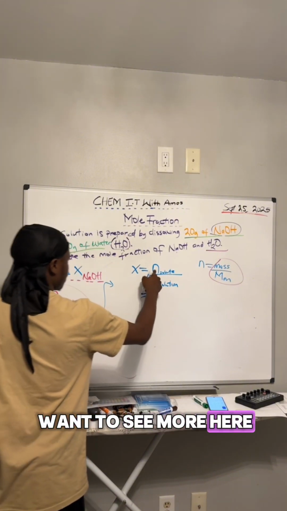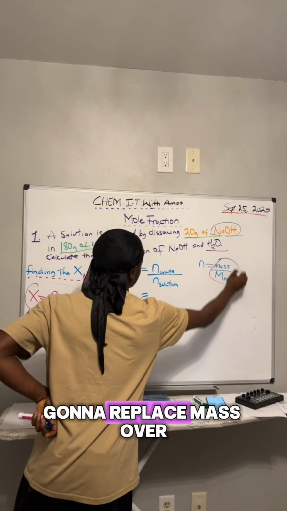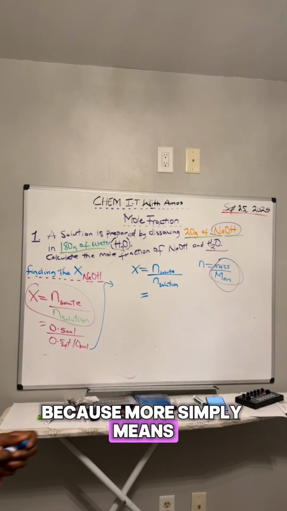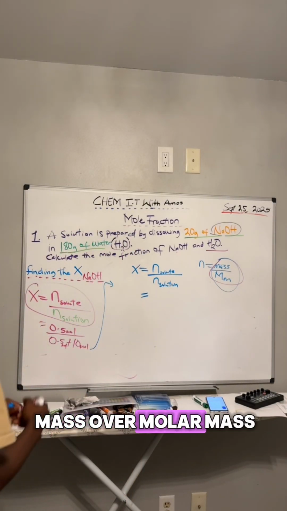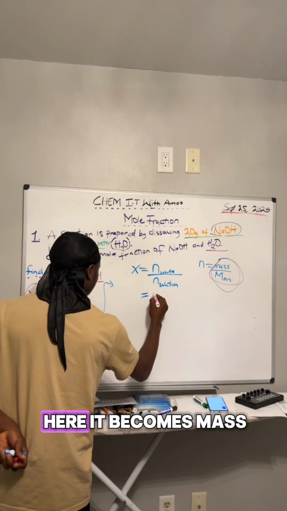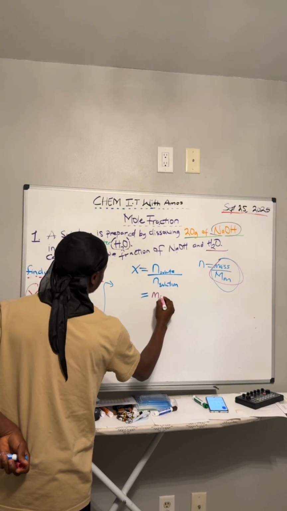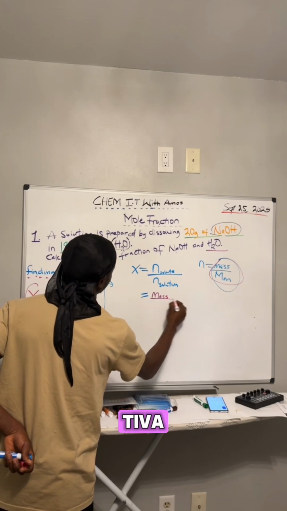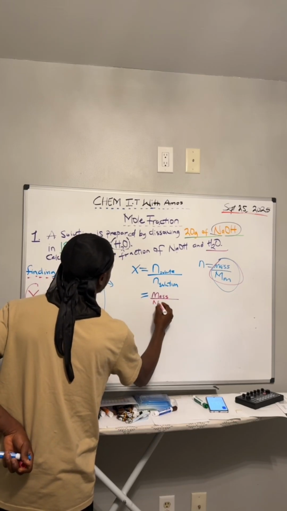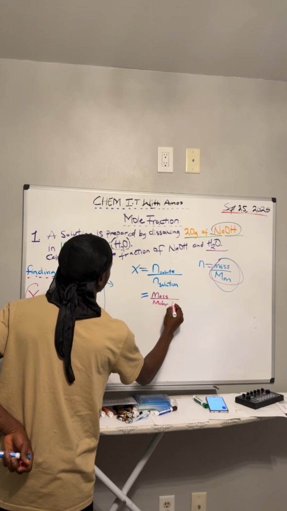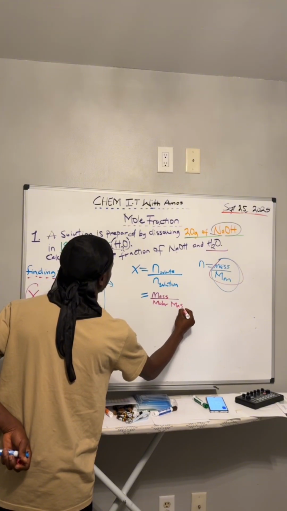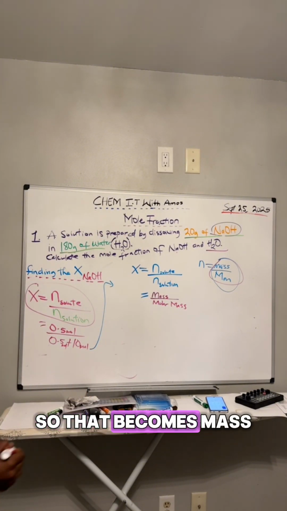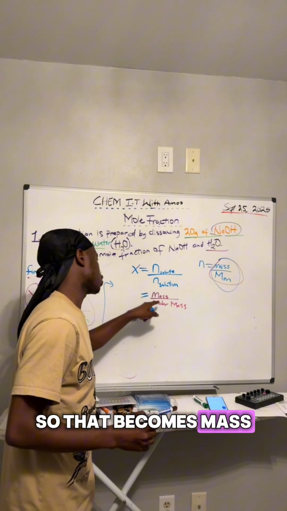Once we see mole here, we're going to replace it with mass over molar mass, because mole simply means mass over molar mass. So this mole becomes mass divided by molar mass.